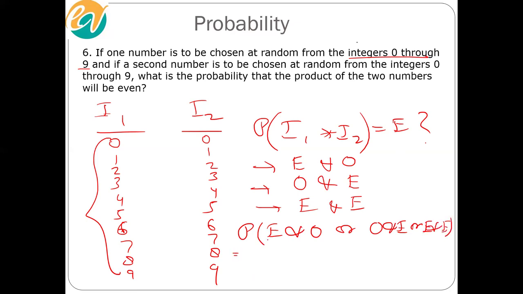This should be easy. Probability of even is equal to probability of odd is equal to half here. So probability of even is half into probability of odd is half, or probability of odd is half, probability of even is half, or probability of even is half, probability of even is half. Which would give you 3 by 4, which is the answer that Siddharth gave.